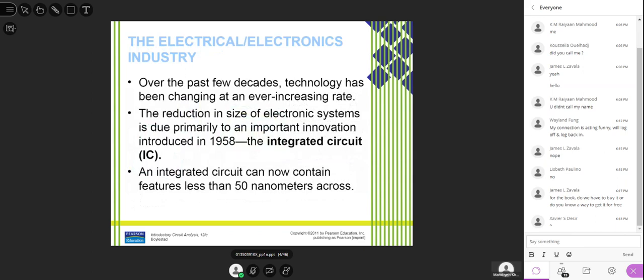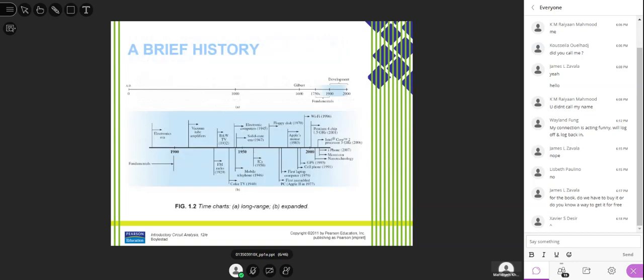So just a little background on the electrical and electronic industry. If we look at the era from before 1900, that is about a century ago, and then go forward little by little, these are the developments and achievements we have. We have the vacuum tube amplifier, and FM radio was discovered around 1929.